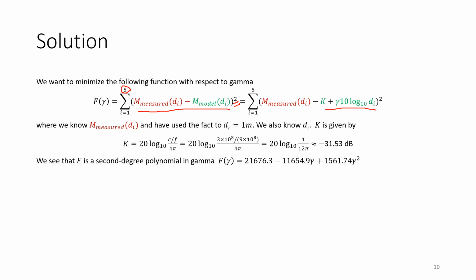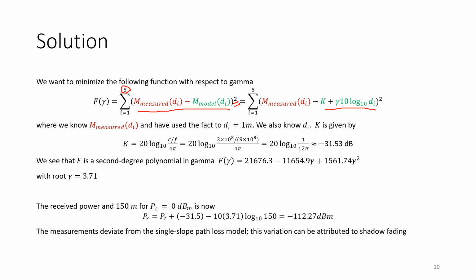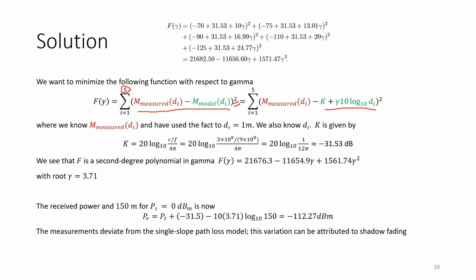If we substitute all and then summarize, I'll just show you the expression here in a second. Okay. So this is -70, -75. These are the measurements from the table. And then this is the value of K, as you can see. This is K, so it's repeated.